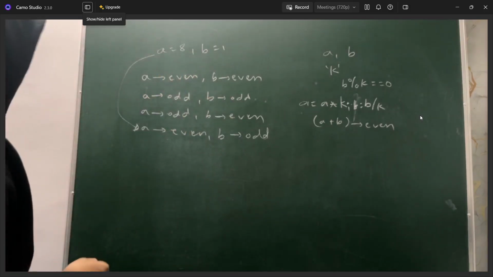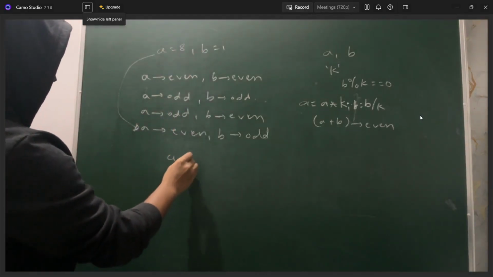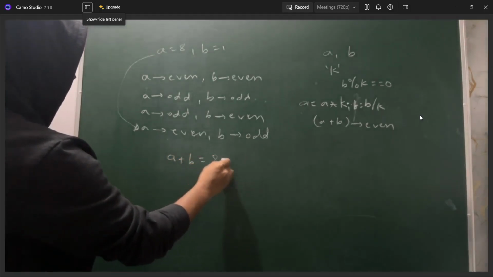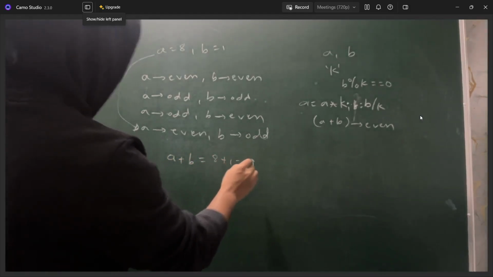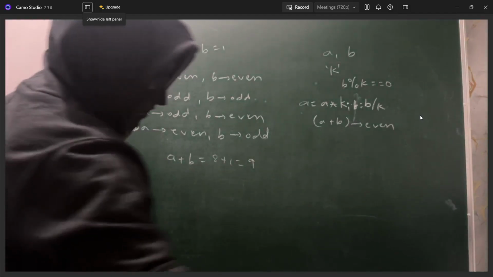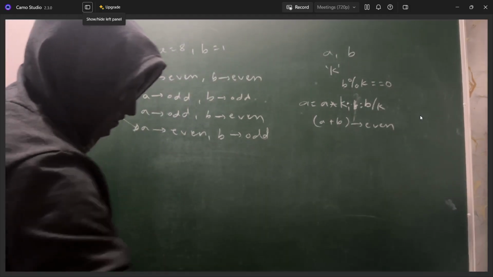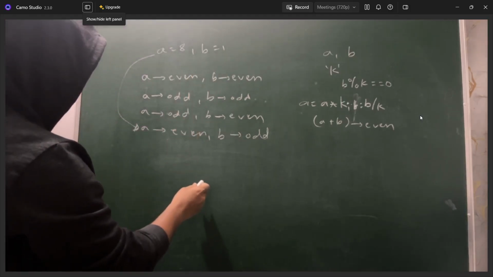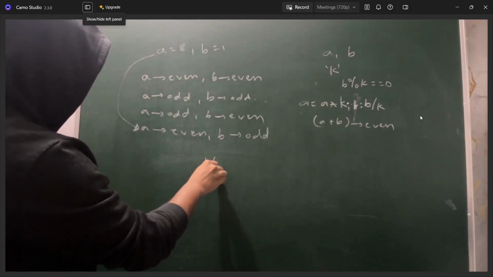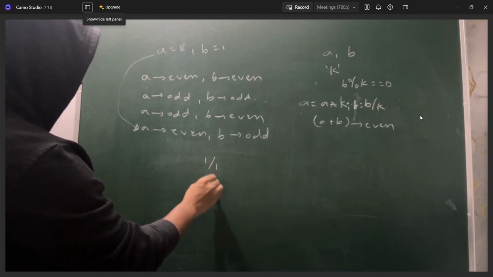So if you initially take a plus b, this gives 8 plus 1, which is 9, and this is not an even number, so you can't take that. Now since b is 1, what is the k that divides b perfectly?